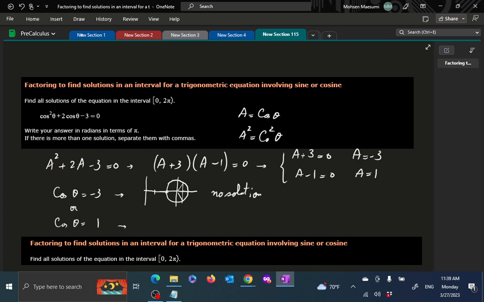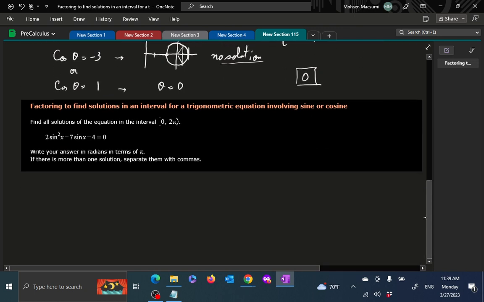Cosine of theta equal to 1, well, theta is equal to 0. And remember, 2 pi is not acceptable, so the only final answer that we have is just 0. There's nothing else. So this branch was a dead end, and the other one just gave one answer.